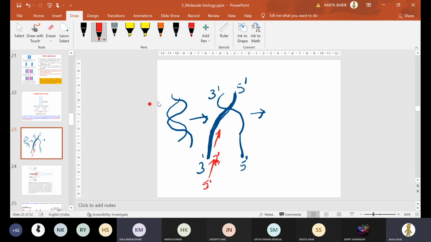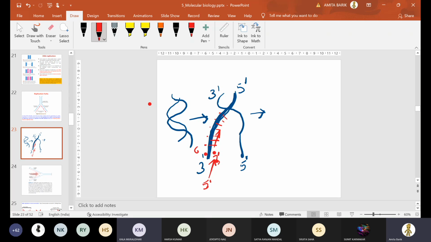This 5' to 3' strand is the leading strand, because here the replication is continuous in nature. Based on the base pairs here, A, T, G, C, new nucleotides come up and form bonds with the already existing parent nucleotides.